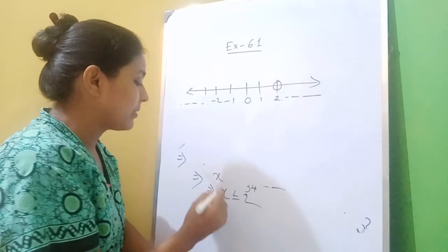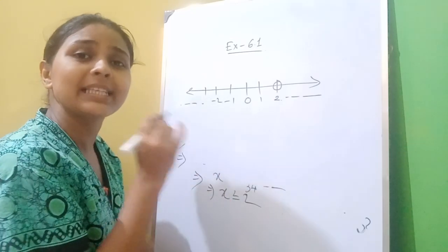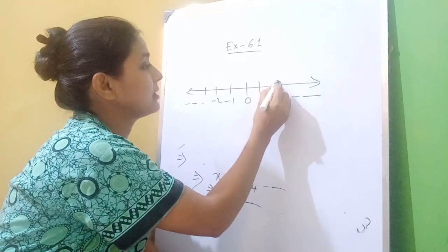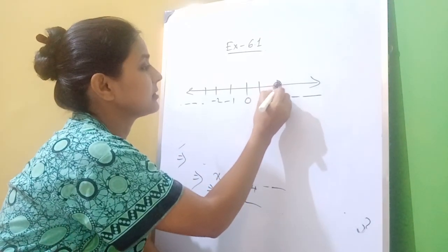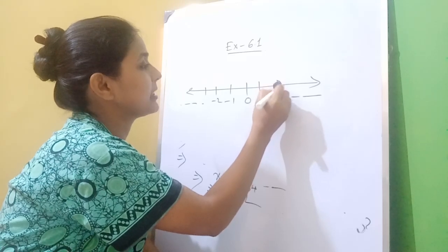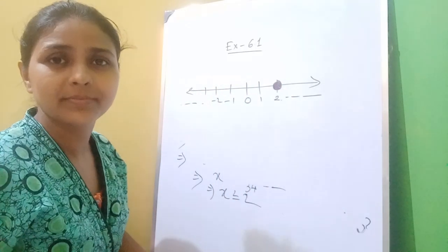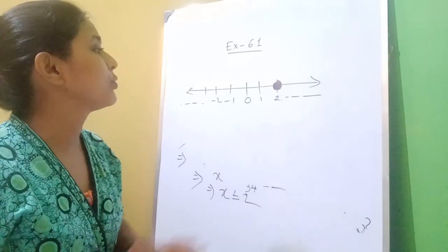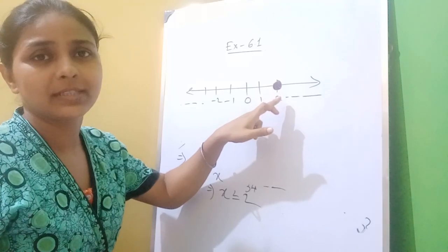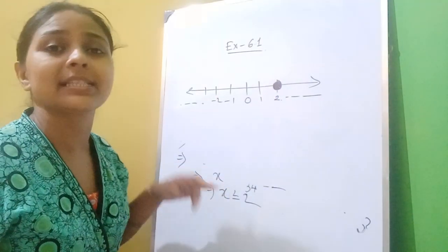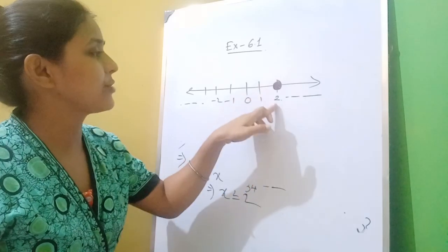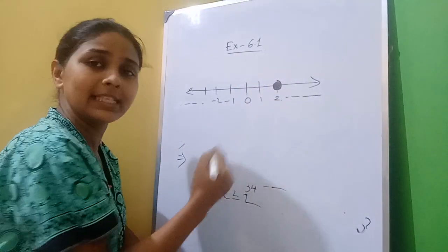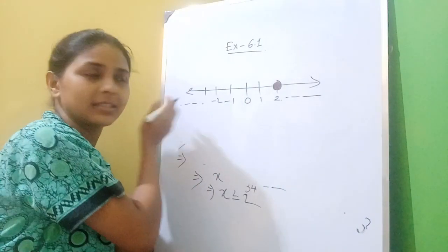Now as it is less than or equal to 2, the equal sign is there, so we will include it. That means we will darken the circle. If it would be x less than 2, we would not do that. But as it is less than or equal to 2, that's why we are darkening the circle. And then which side? Less than or equal to 2, that means the left hand side.